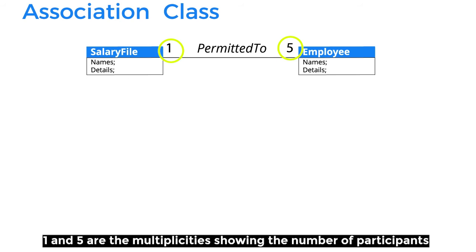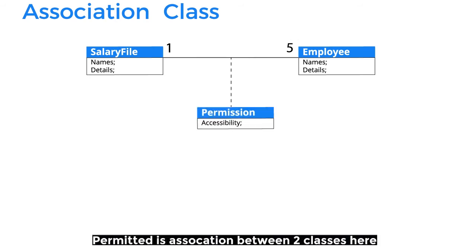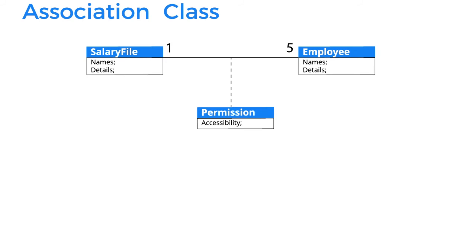If we make a different class of this association having its own qualities or properties, this will be an association class. Here, permission is another class made with the property of accessibility, and we can also show the participants of the related classes as well.